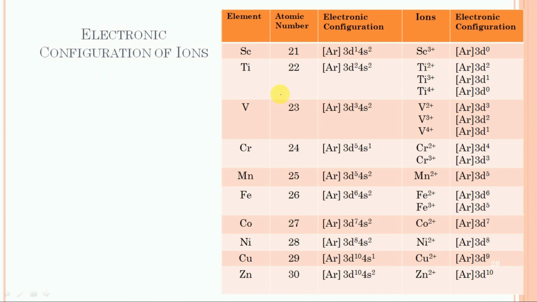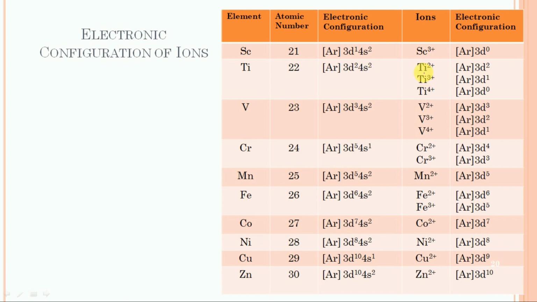For example, in the case of scandium having atomic number 21, the electronic configuration is 3d1 4s2. Scandium has oxidation state 3+, which is formed by the removal of 3 electrons. So Sc3+ has 3d0 electronic configuration. Similarly, titanium having atomic number 22 has the electronic configuration 3d2 4s2.